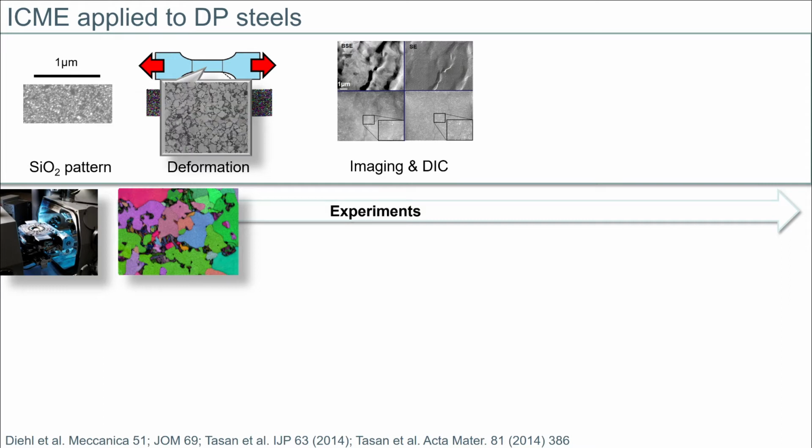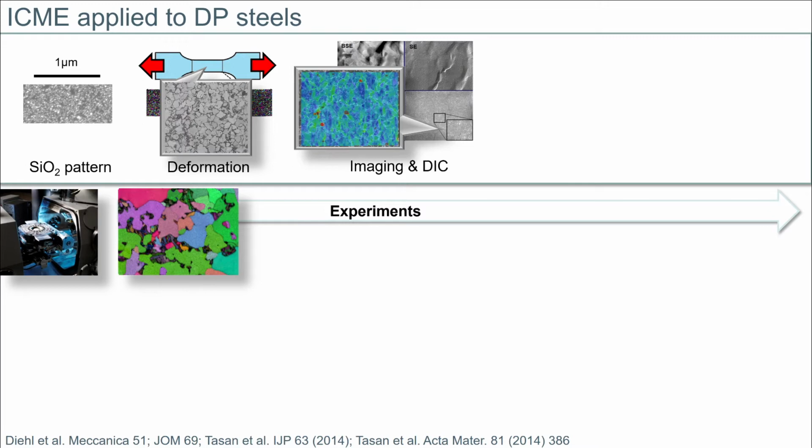A very important trick is that we use in-lens detectors in our electron microscopes so that we are free of the typical surface features that in DP steel and other high-strength materials are typically giving too much contrast for the picture to pick up the local deformations by digital image correlation.